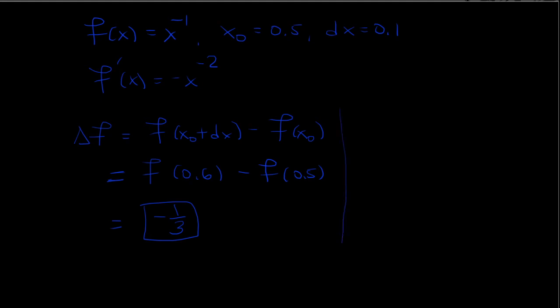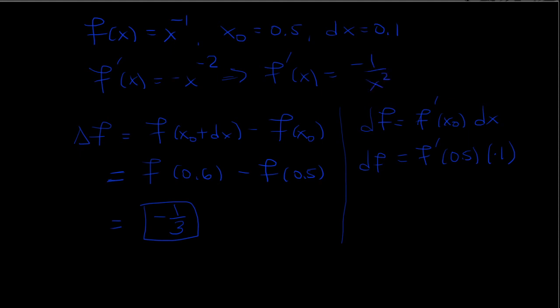Okay. Next, we'll be looking at the value of the estimate, which is the derivative at x naught times dx. So x naught is a half, so I'm looking at the derivative at a half, times dx, which is 0.1. So I can rewrite f prime as negative 1 over x squared.